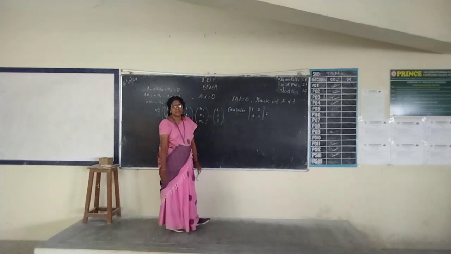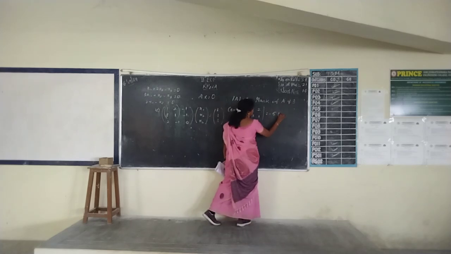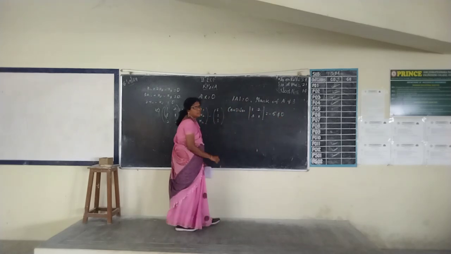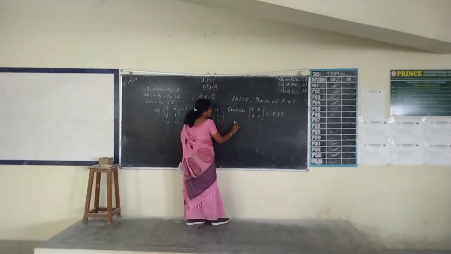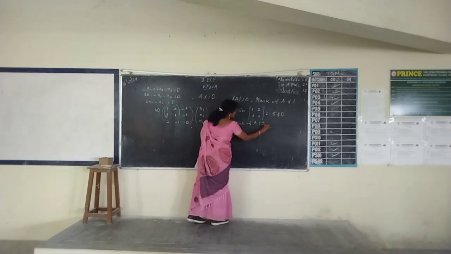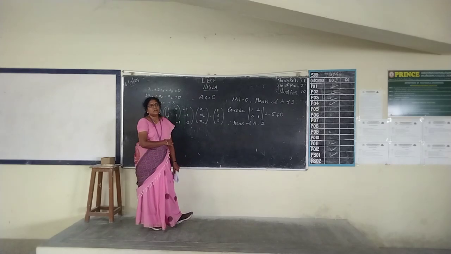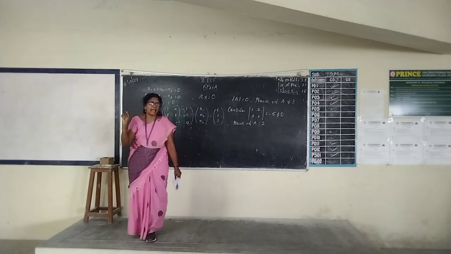What is the answer now? Minus 5. That is not equal to 0. Therefore, since it is non-zero, rank of A is equal to 2. You got the rank now.